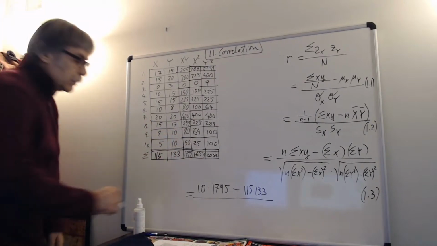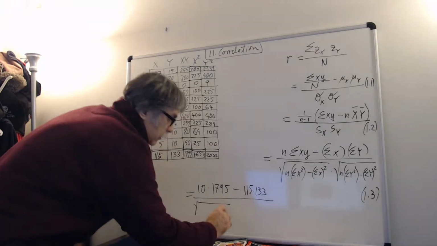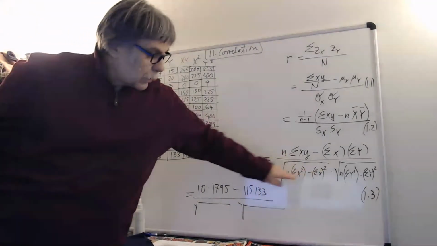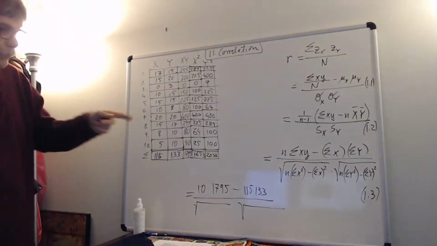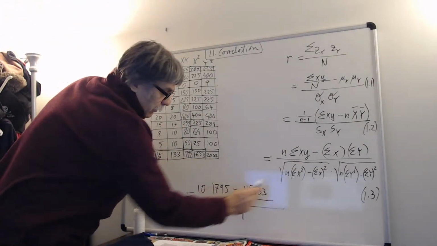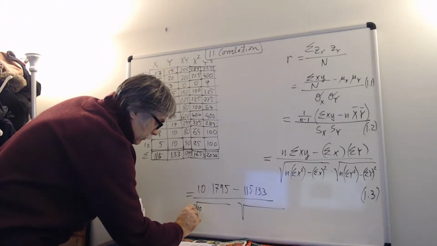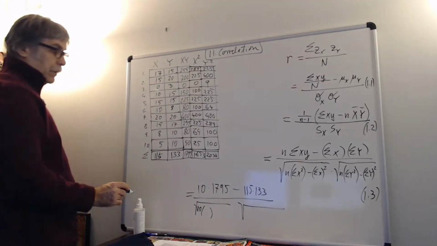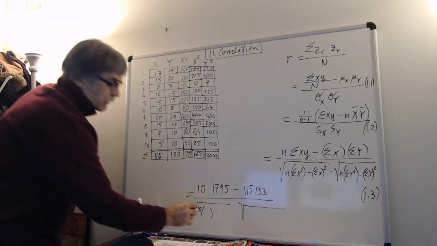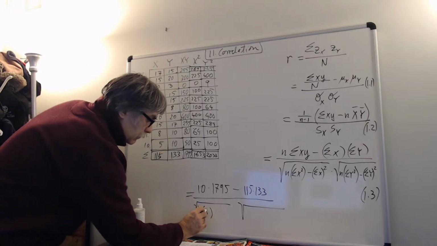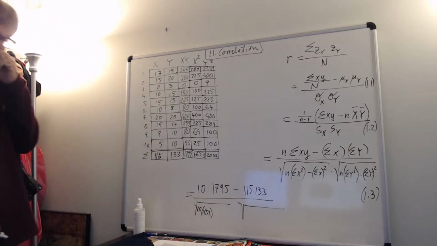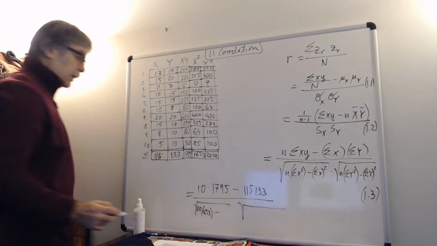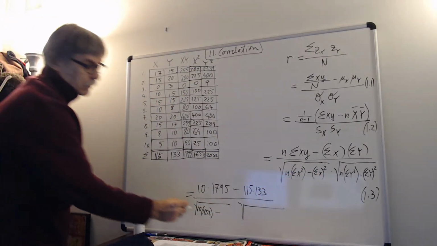Now the denominator. In the denominator, you have two radicals, and you have to make a product of both. In the first radical, it says n, which is 10, and you multiply that with the sum of x squares, which is 1653. Then you subtract the square of the sum of the x's, which is 115.